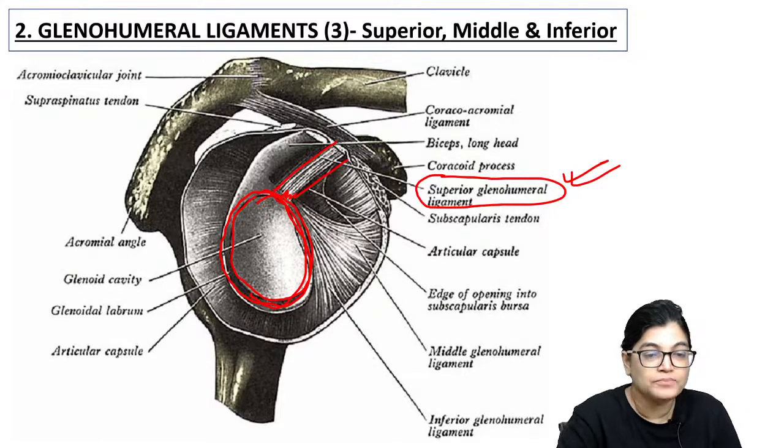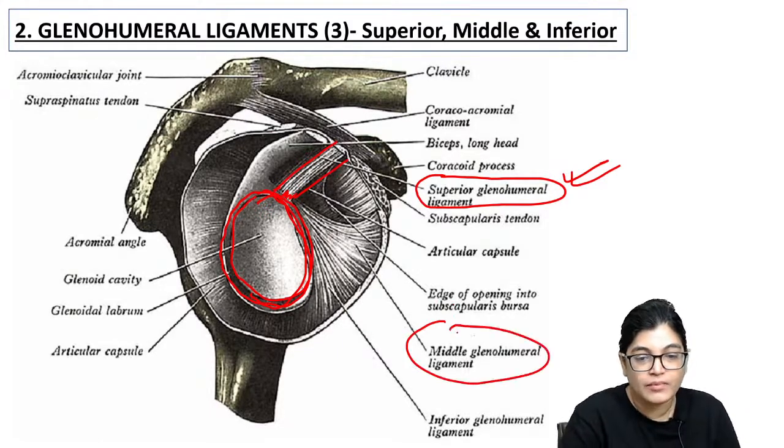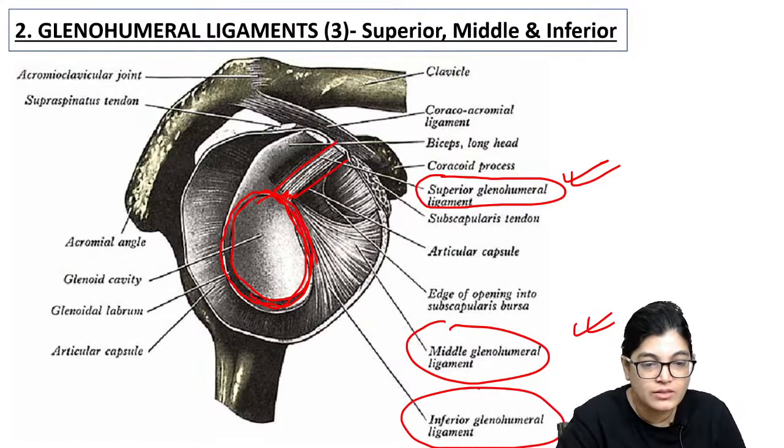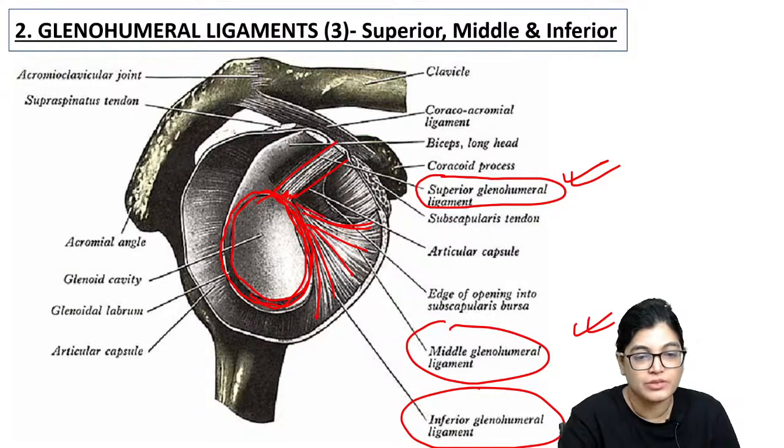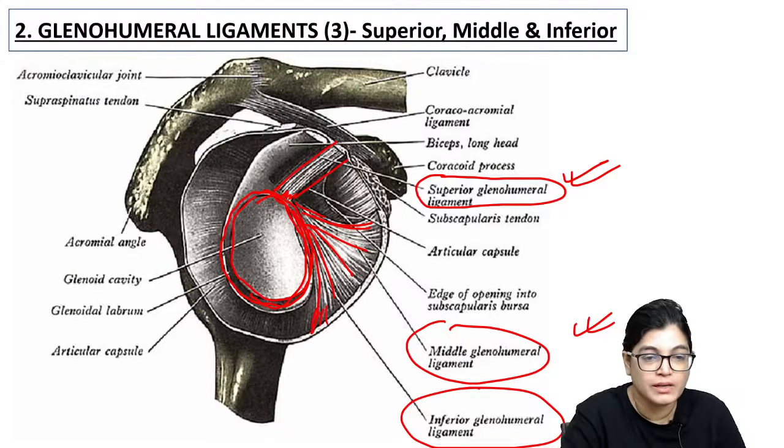glenoid labrum. And if we see the middle glenohumeral ligament and the inferior glenohumeral ligament, they are also merging with the glenoid labrum and diverging like this. The inferior is going towards the neck of the humerus, and the superior and middle glenohumeral ligaments are going towards the tubercles of the humerus.